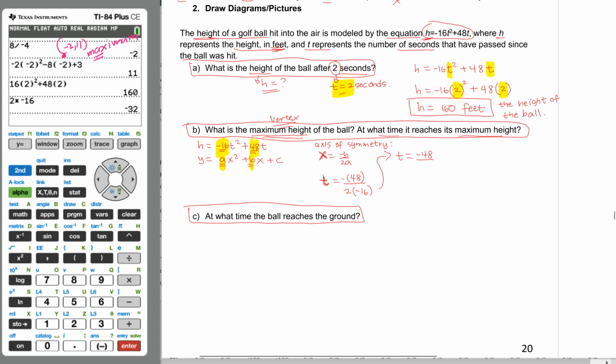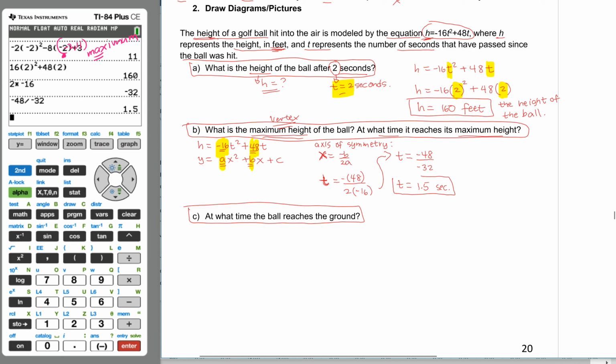Then let's simplify this, doing that in the calculator. Negative 48 over 2 times negative 16 gives you negative 32. So your t is equal to negative 48 divided by negative 32, which gives you 1.5. So t is 1.5 seconds. This is our time when it reaches its maximum.